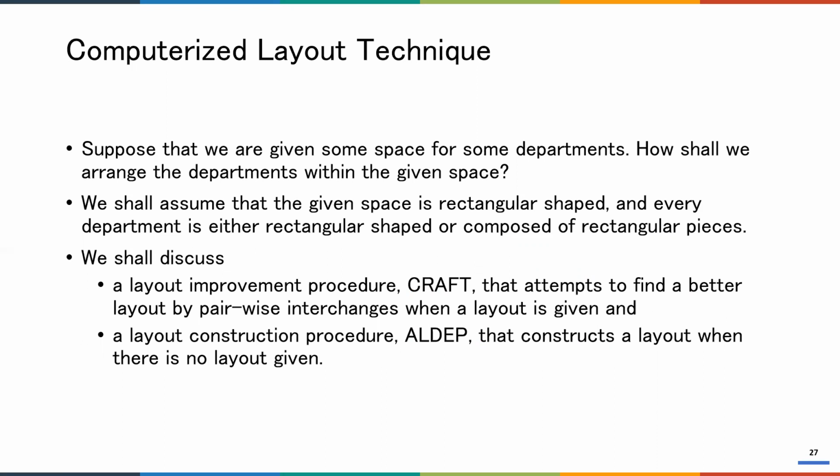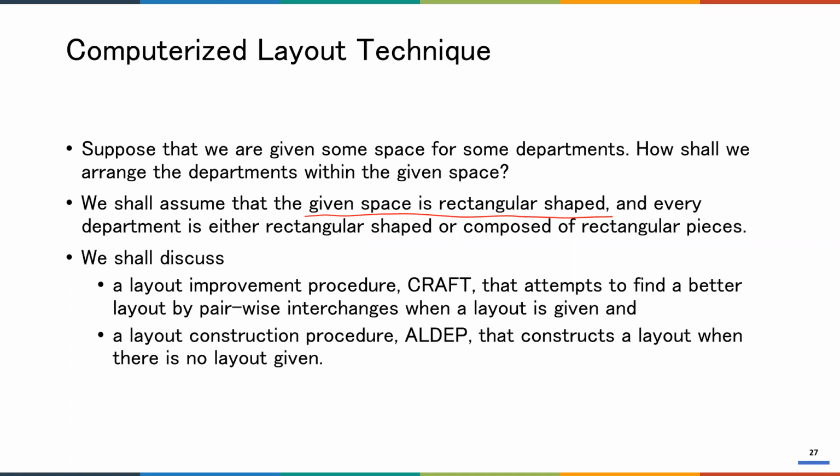In other algorithms, if you realize, they mostly always assume that the given space will be rectangular in shape. So the algorithm that I will explain, and some other algorithms, will have a rectangular or square shape.